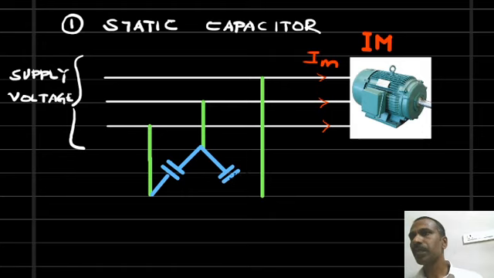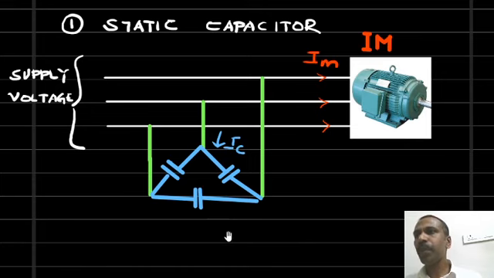This is in the second phase. And this is the capacitor connected in the third phase. Now capacitor currents will be flowing through this line. The induction motor draws some current Im. Now we'll see how the power factor is improved.